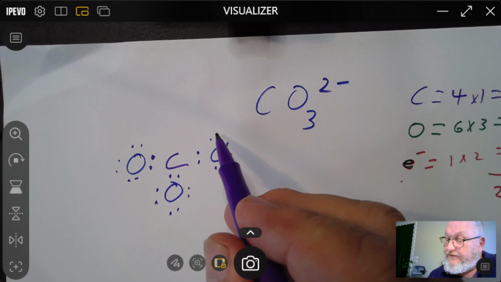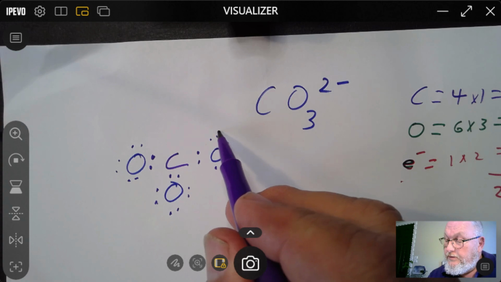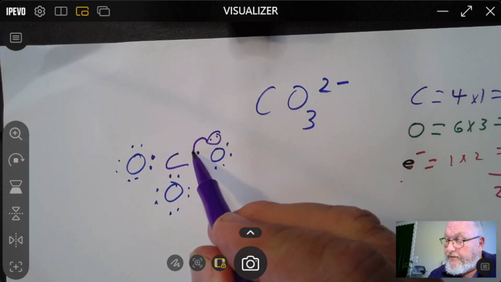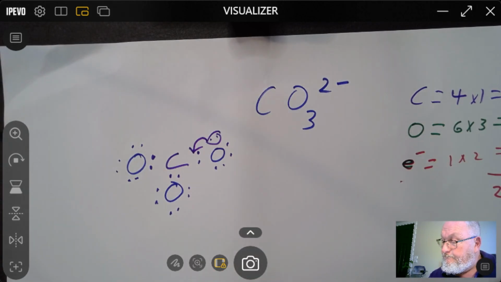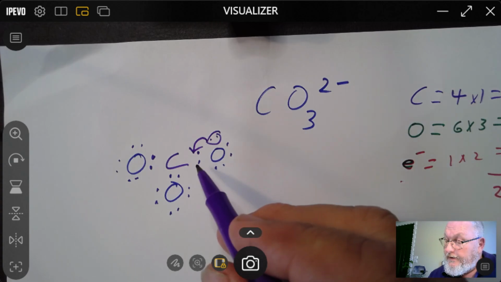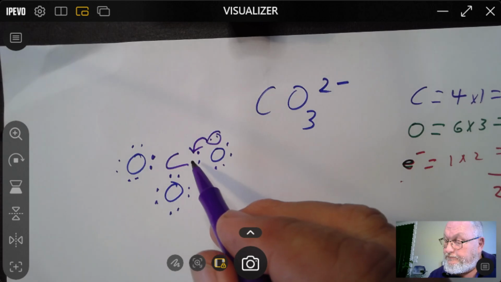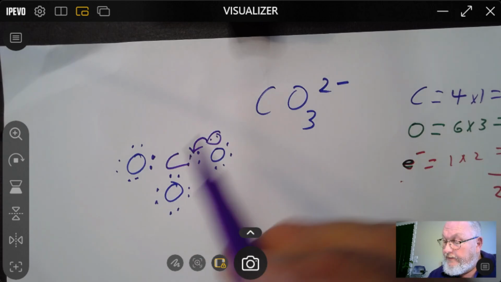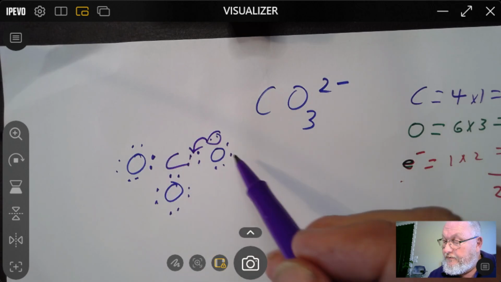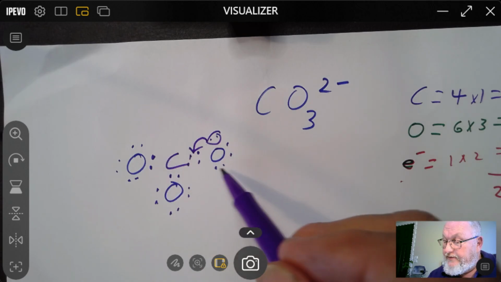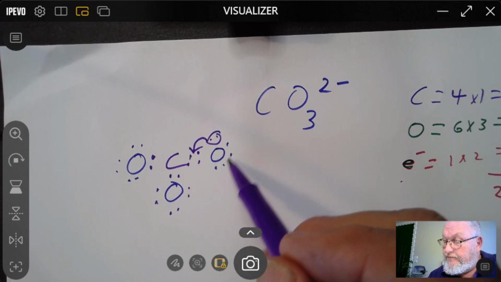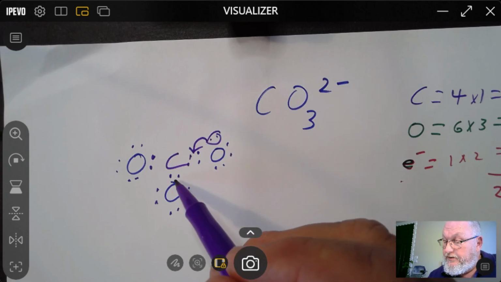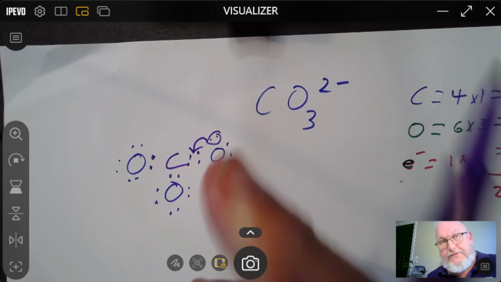So if I take this, and I put those there, and I have a double bond here, that means I have 8 there, 8 there, those 4 and these 4, that makes 8. 8 there and 8 there. That's a resonance structure.